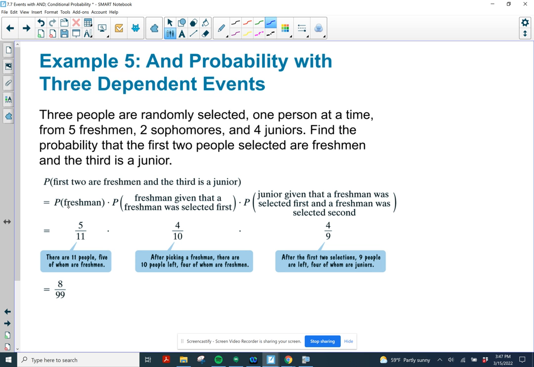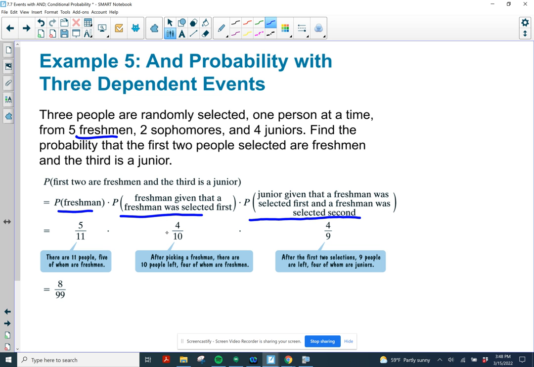So we want the probability that the first one is a freshman, times the probability that we chose a second freshman, given that we chose a freshman first, times the probability that we selected a junior, given that the first two were freshmen. The first probability of a freshman is 5 out of 11 because we have 5 freshmen out of the 11 total students.